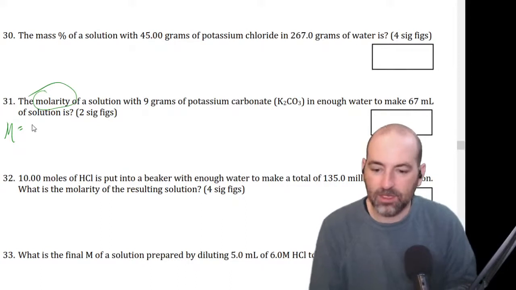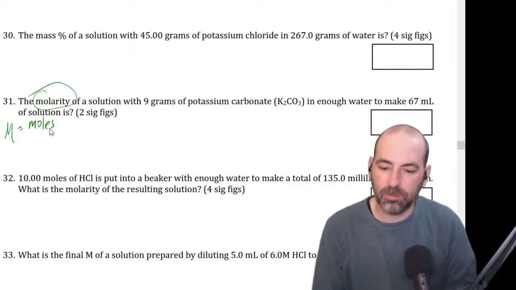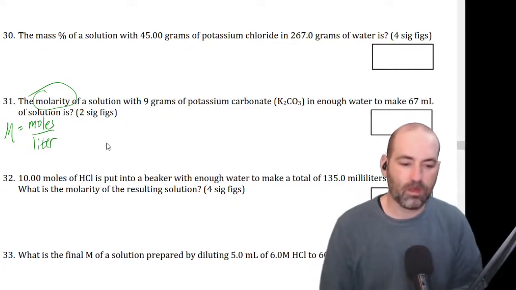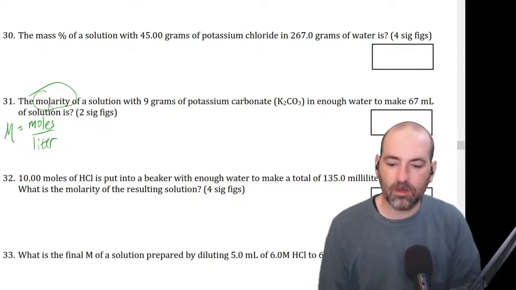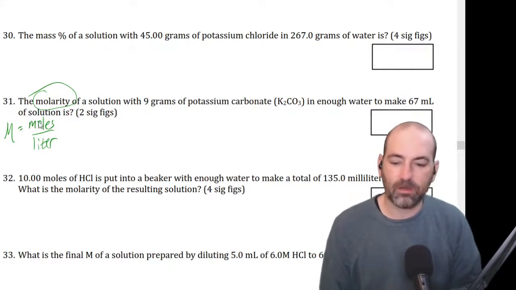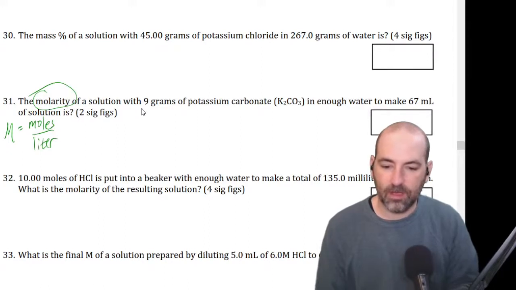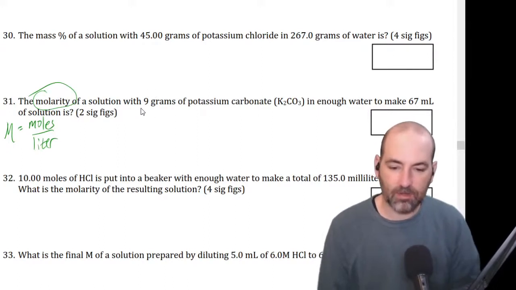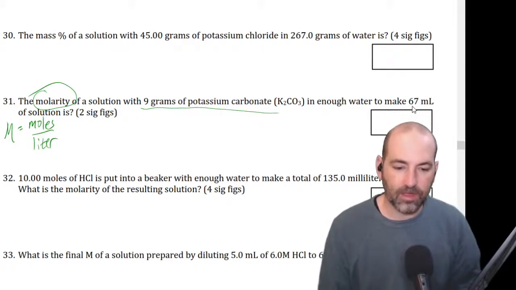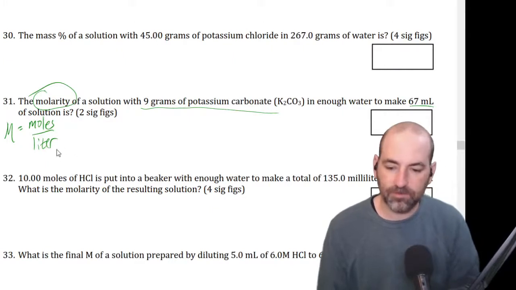Sorry. So molarity is moles per liters. So that means we need to know the solute amount in moles and the solution amount in liters. So we have the 9 grams of potassium carbonate given, and then 67 milliliters of solution.